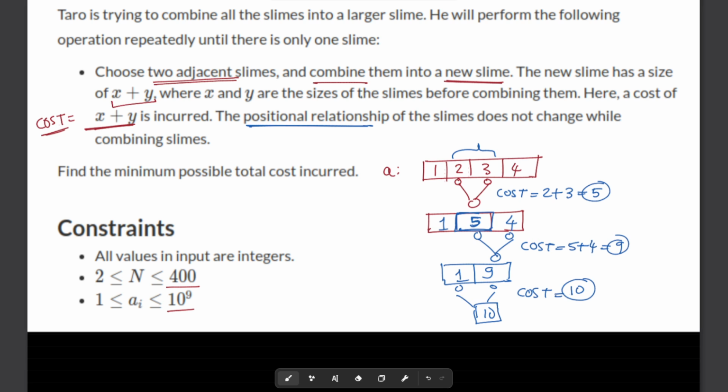The total cost to reduce the initial array, A1 to A2, then A3, and then finally A4, would be the summation of these three values. The first operation took cost 5, the second one 9, and the third one 10.